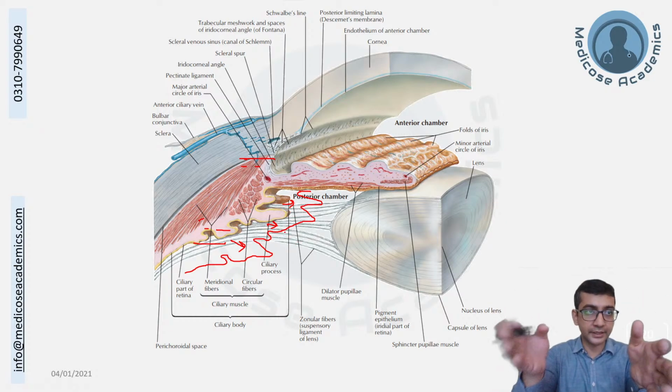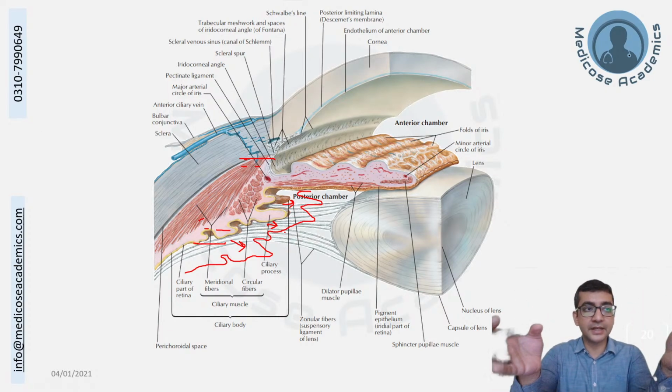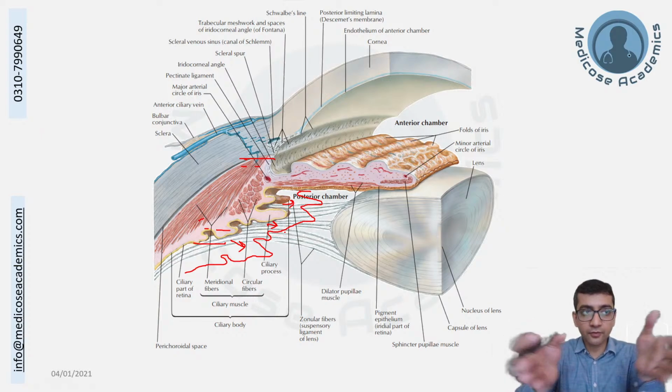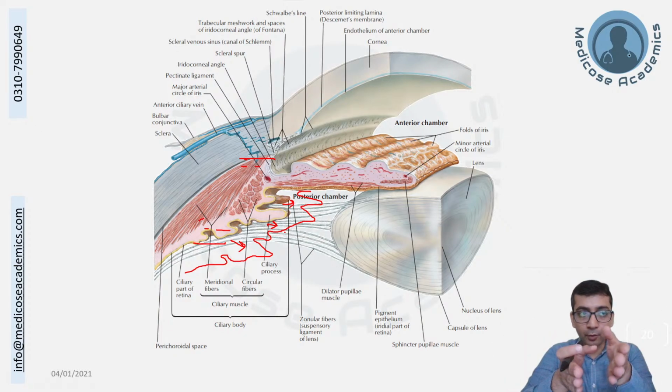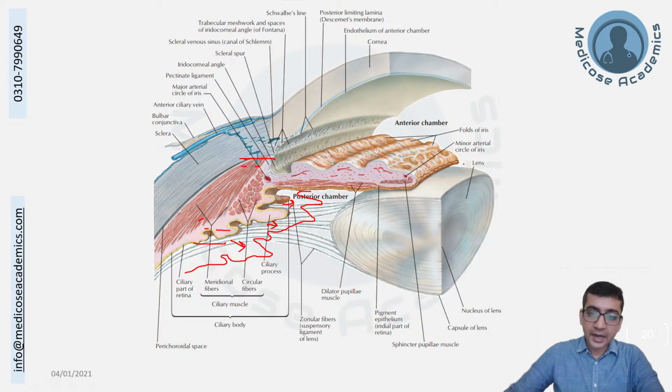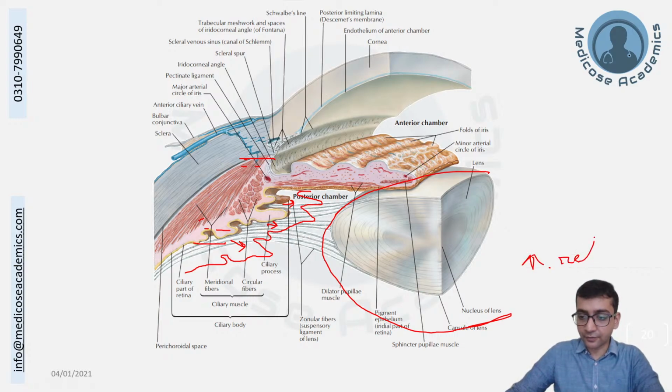When they move more medially, the tension on the zonular fibers is released, and the lens that was previously relatively flattened now gets more globular. It gives rise to high refractive power.